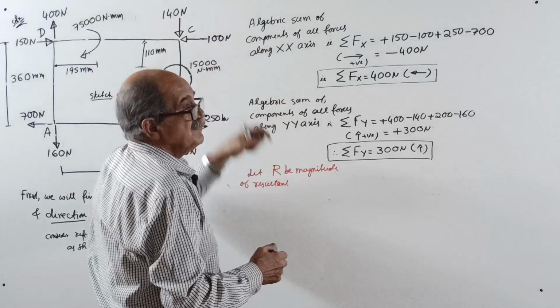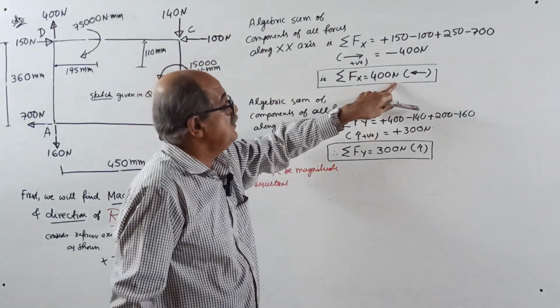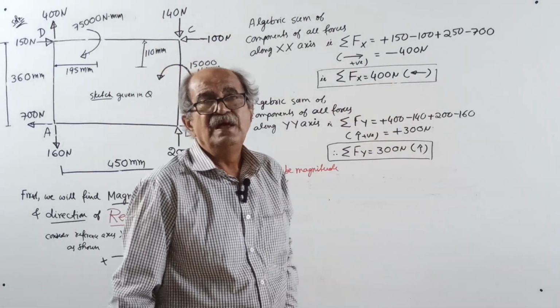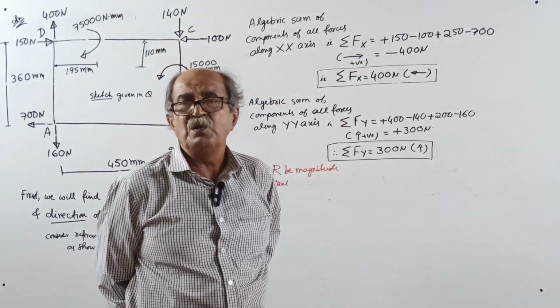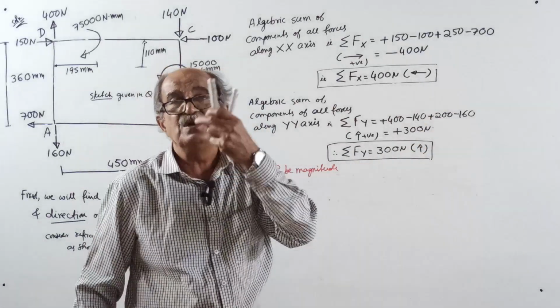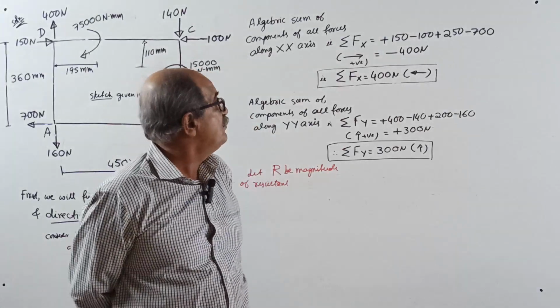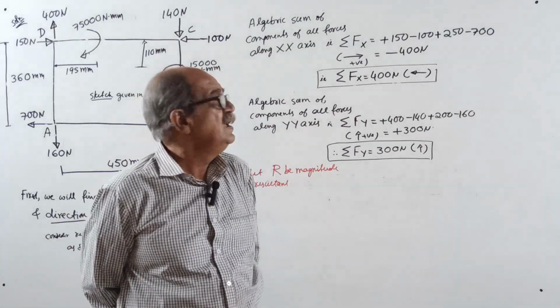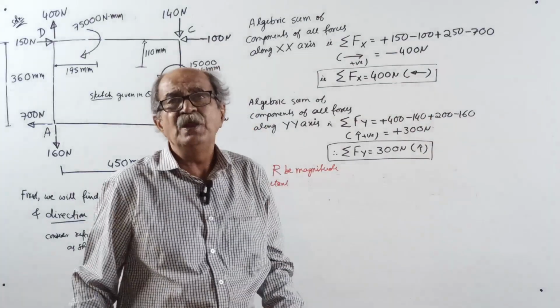Now the resultant is, see, one more thing I will tell you. When you find sigma Fx and sigma Fy, if for both of them you get a numerical value, yes, we got. Special note: sometimes when you find sigma Fx and sigma Fy, one of them will come 0. Okay, no problem.